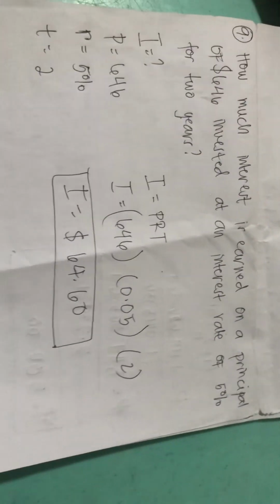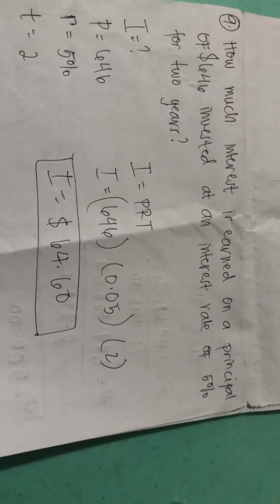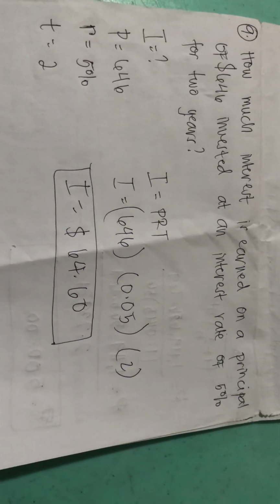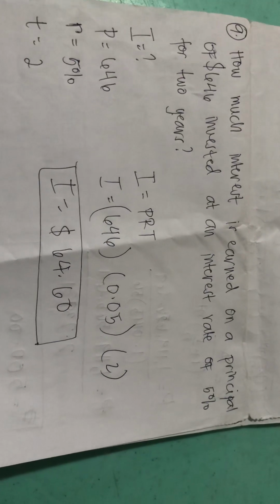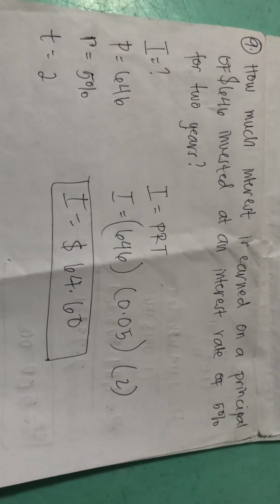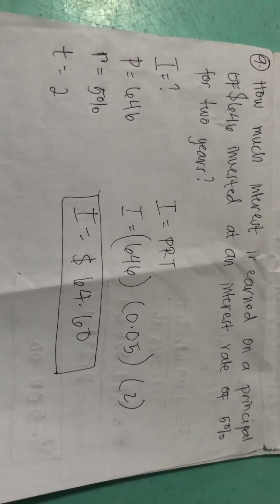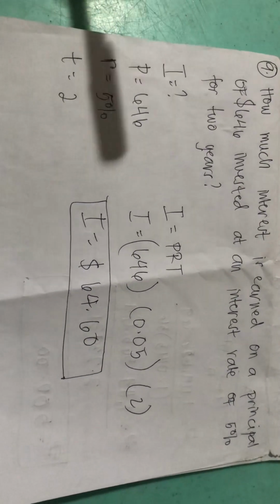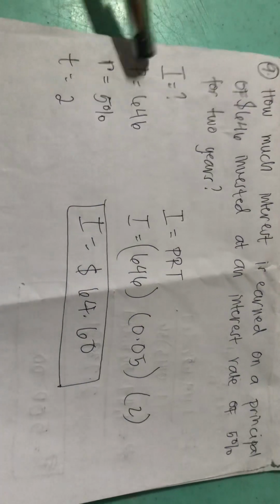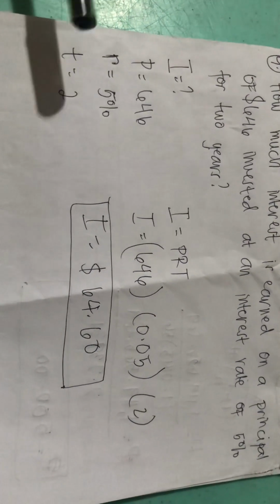So, here, the question is, how much interest is earned on a principal of $646 invested at an interest rate of 5% for 2 years? So, let's write the I, which is what we are looking for, then the 646, the principal, the rate of 5% and the time of 2 years.